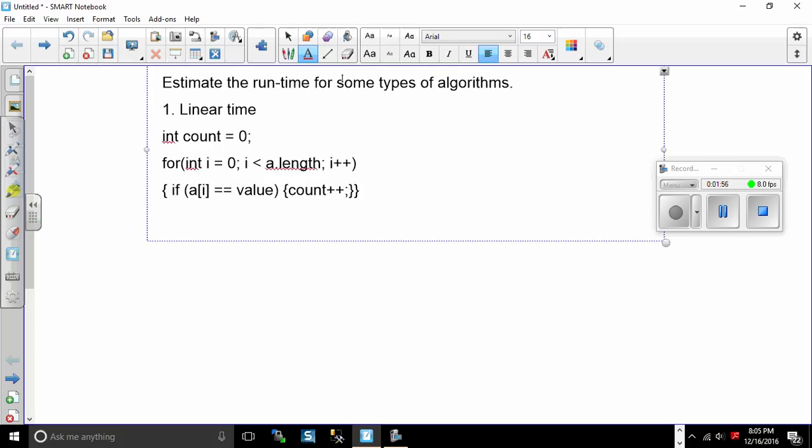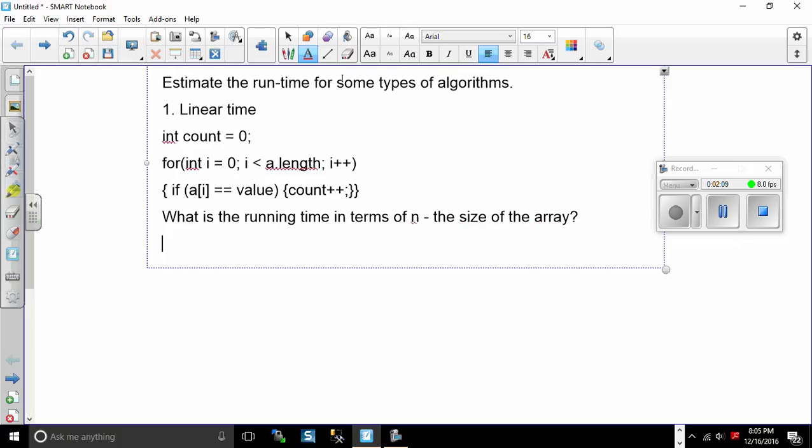So what is the running time in terms of n, the size of the array? We visit each element once.